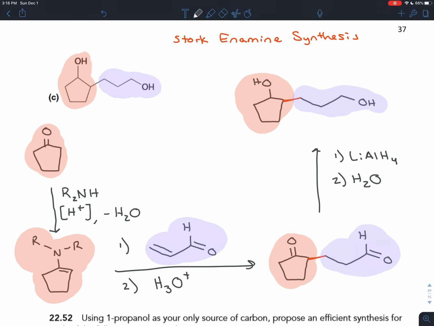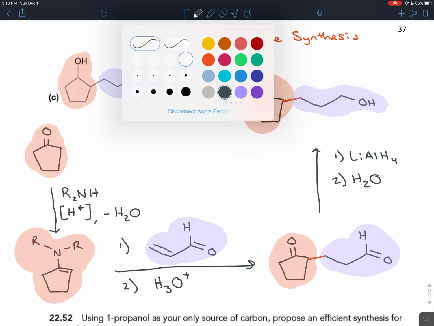We used the secondary amine to get the weak nucleophile, and then we figured out the alpha-beta unsaturated aldehyde we would need in order to add the correct number of carbons on. Once we did that, we had 2 carbonyls, whereas we wanted 2 alcohols, so we wanted to reduce the number of bonds to oxygen, so we used a strong reducing agent, lithium aluminum hydride, followed by water. And that gave us our product.